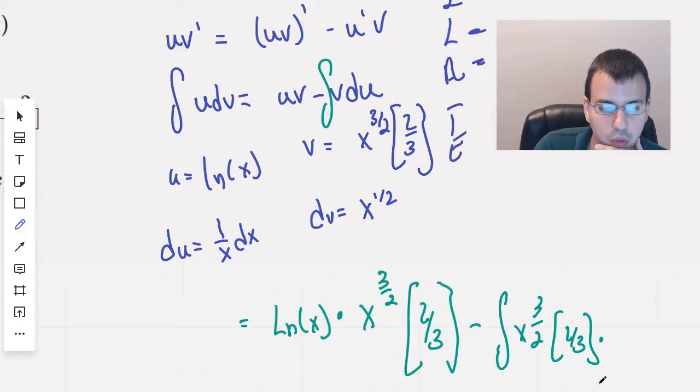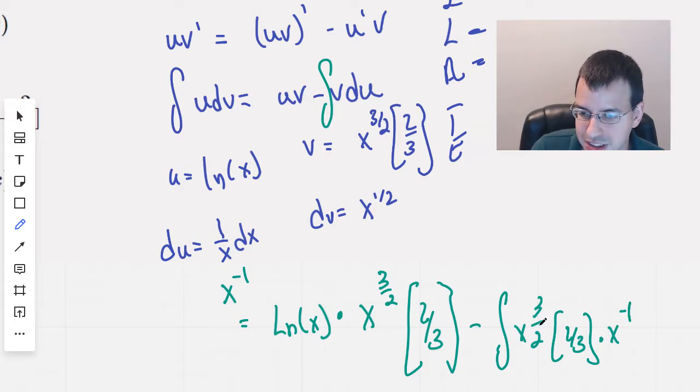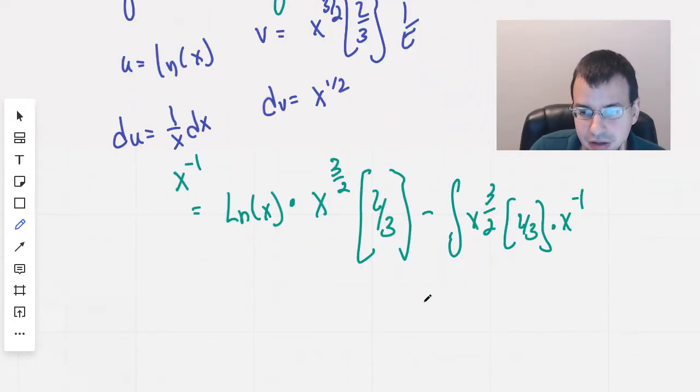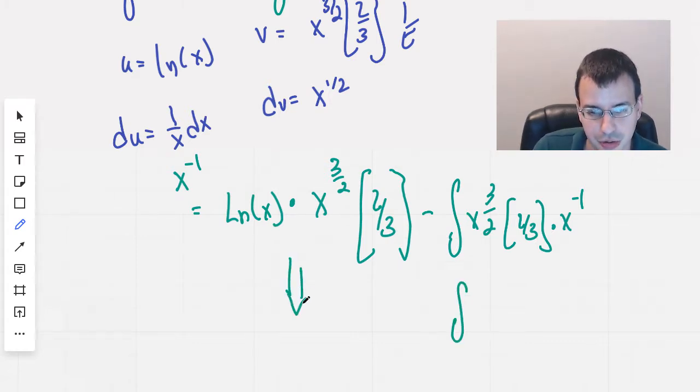But I'm going to rewrite 1 over x as x to the -1. That way it's just easier to see how it combines with the x to the 3/2. And I'm just going to do this portion right here. This portion will just go down.